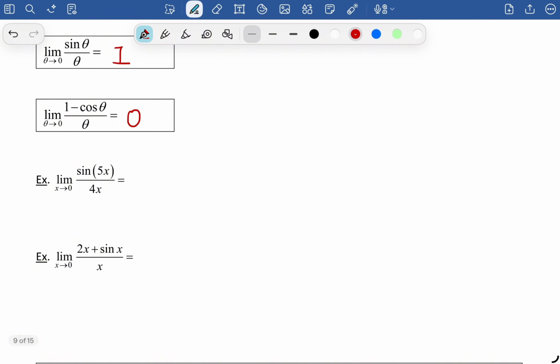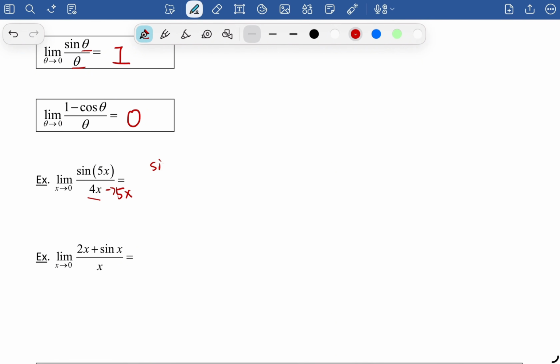Let's try two problems. The first one, how do we evaluate the limit of this? See, when these two are equal, so when theta approaches 0, the value is 1, right? But this is 4x. How can we make it 5x?